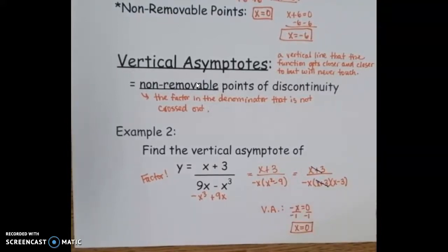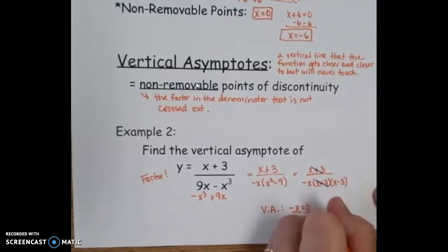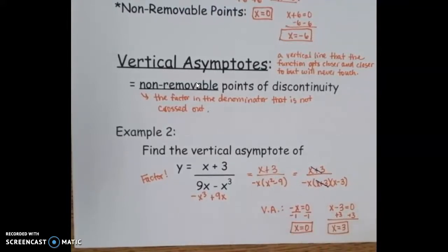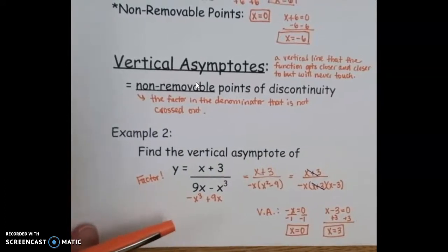We also have another vertical asymptote at x equals 3, because we take this factor, set it equal to 0, and add 3, so x equals 3 is the other vertical asymptote. And again, we'll talk about what that's going to look like in just a second with a graph.